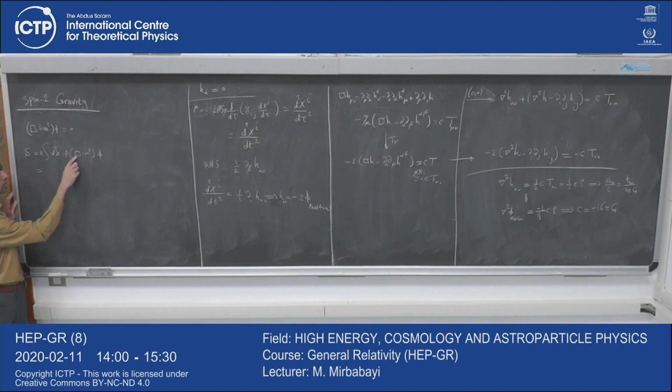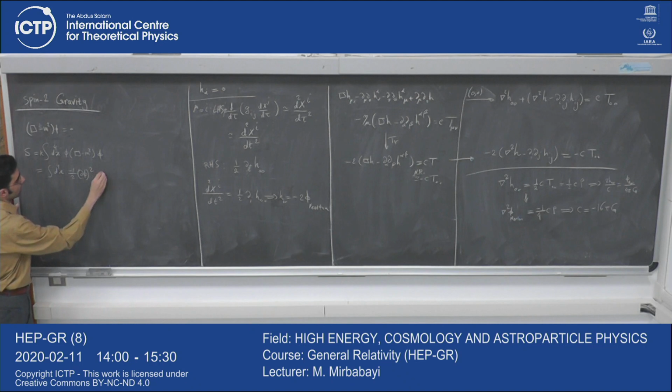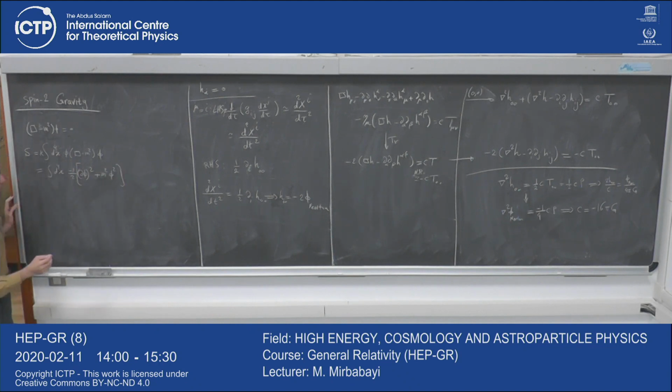And also we can do integration by parts to write this action in the first order form. So I want to put one of these derivatives on phi. There will be a boundary term that usually we don't care about. And I set k to 1/2. So what we get is the usual thing: minus 1/2 (d phi) squared minus 1/2 m squared phi squared, which is what you are familiar with.